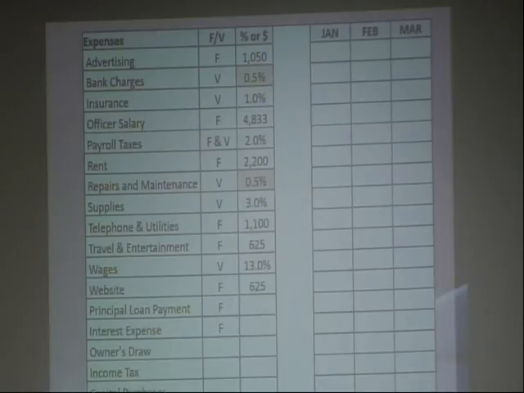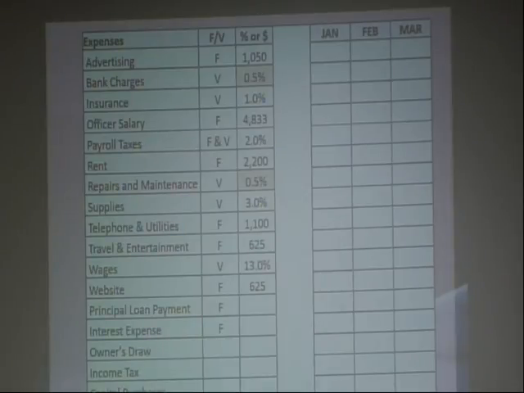I've decided if it's fixed or variable, and then I've even given the amount or the percentage. And it's always a percentage of what? In an income statement, it's always a percentage of revenue or sales. Sales or revenue is 100%. Everything else is a percentage of that.